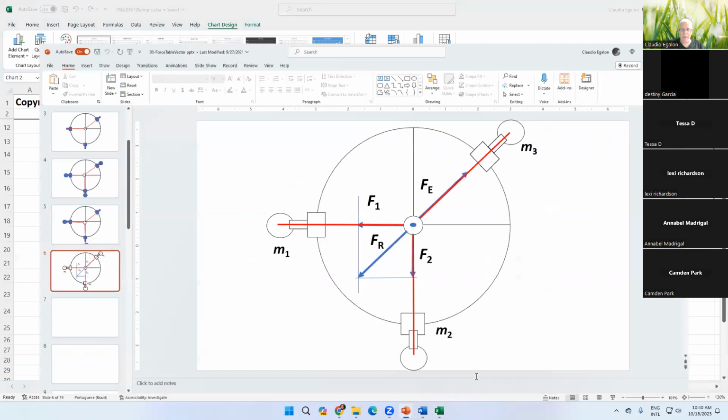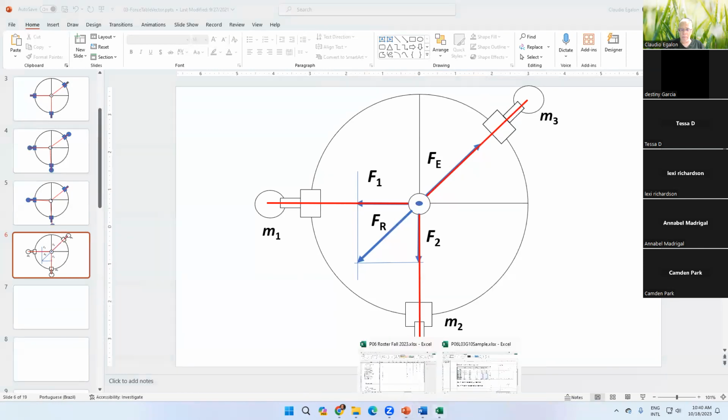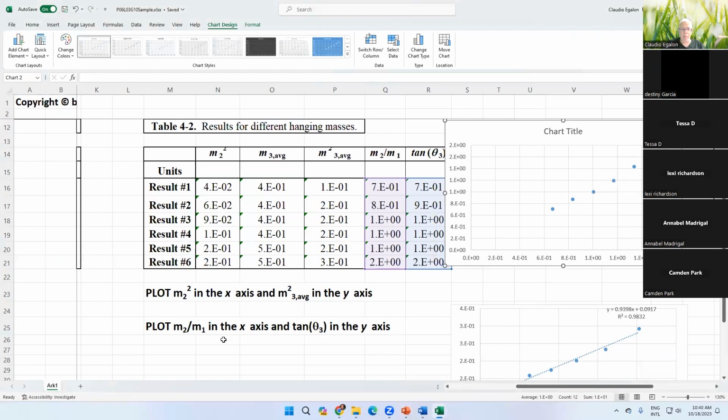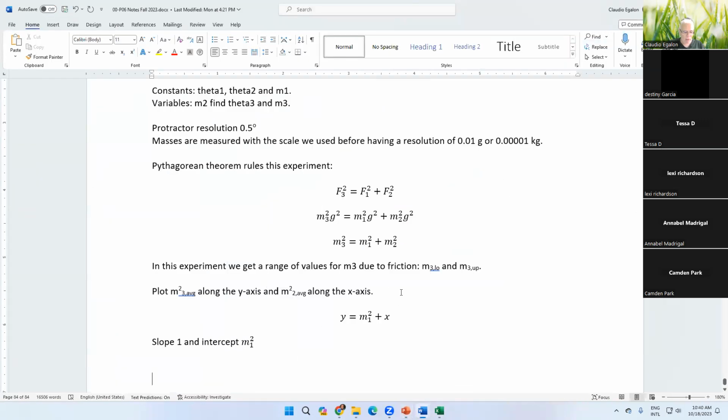Going back here, theta 3, let's say, is this angle here. M2 divided by M1 is this angle, so that's going to be M2, that's going to be M1.